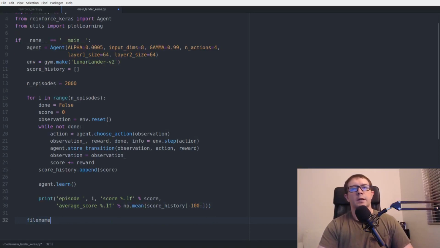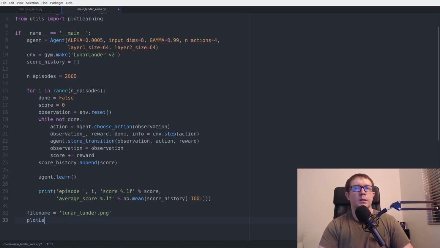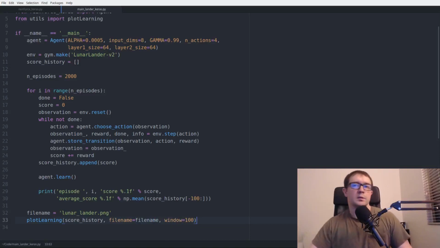So the file name equals fname.png, whatever. Well, let's call it Lunar Lander.png, and plot learning, score history, filename equals filename, window equals 100. Okay, so that is pretty straightforward.